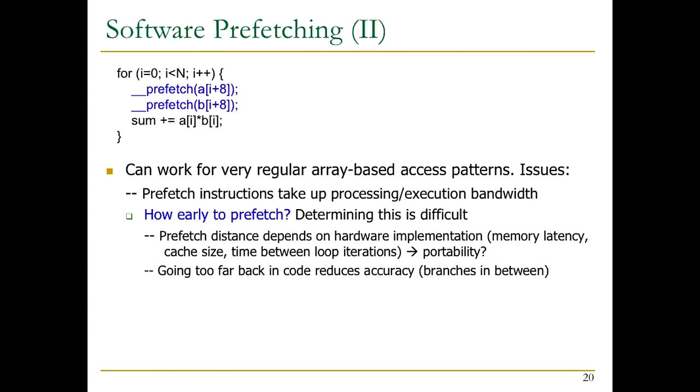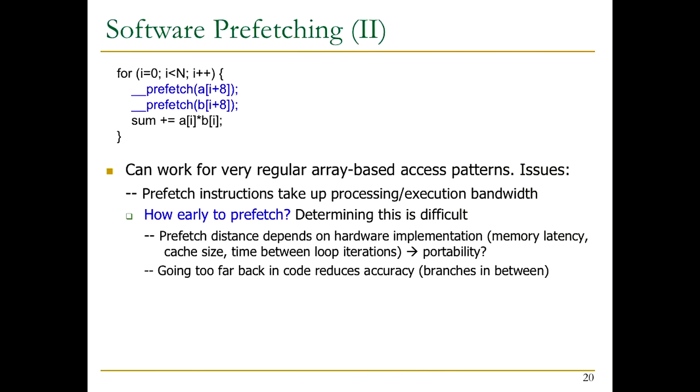So going too far back in the code reduces accuracy. In this case, for example, you will prefetch 8 iterations ahead even after you exit the loop, right? So how do you prevent things like that? You will waste bandwidth if you do it this way. Now, if you don't do it this way, then you may have other overheads. That's why putting it out of the loop might be good.